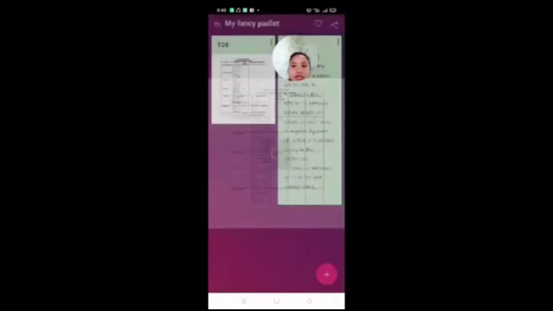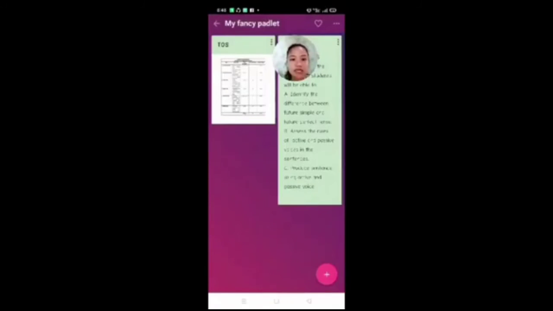So, this hits our LO because our LO said that we should assess the rules of active and passive voice and produce sentences using active and passive voice, which is performed by the summative test. So, they are both connected because they already hit the goal of the LO, which is to assess and to produce.